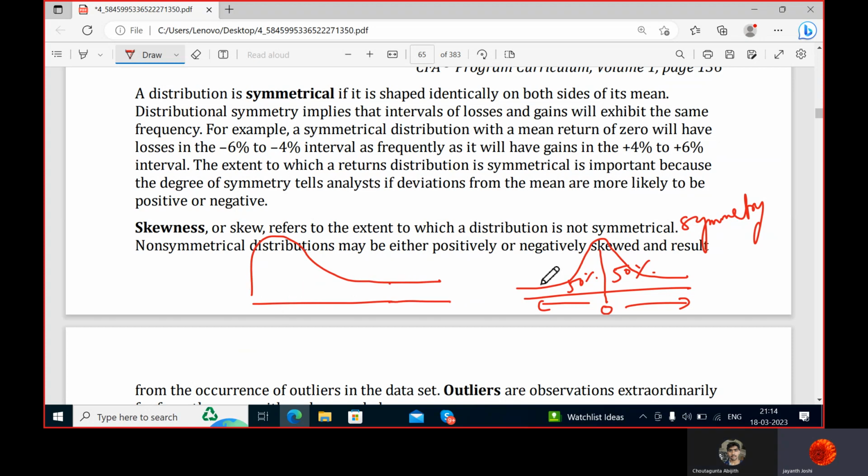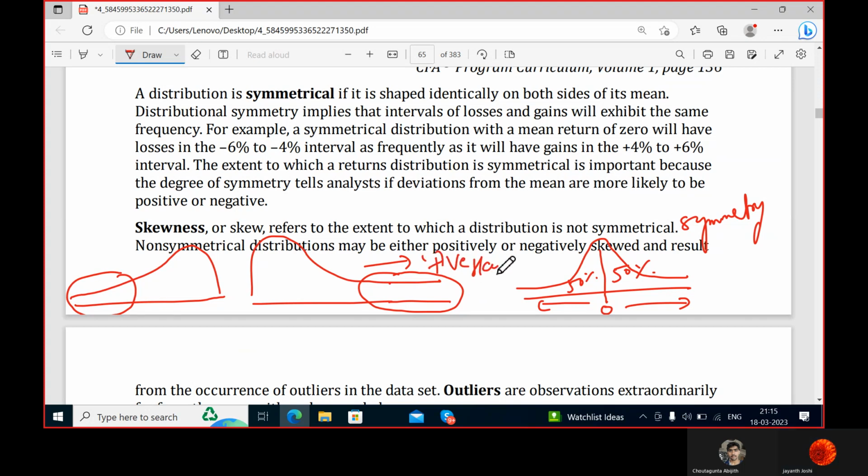This is positively skewed, and this is the shape which shows a negatively skewed normal distribution curve. This is called this due to negative skewness. That means most of the data is lying in the extreme tail, and here also most of the data is lying in the extreme tail. But here you see it's on the negative side. Here you see it's the positive side. This is positive skewness, negative skewness.